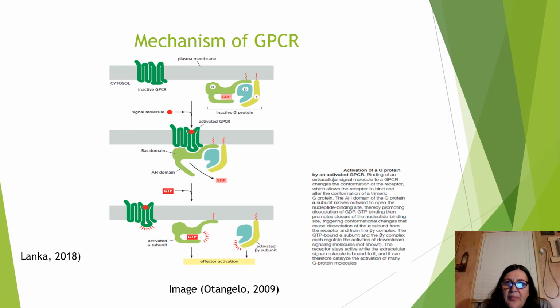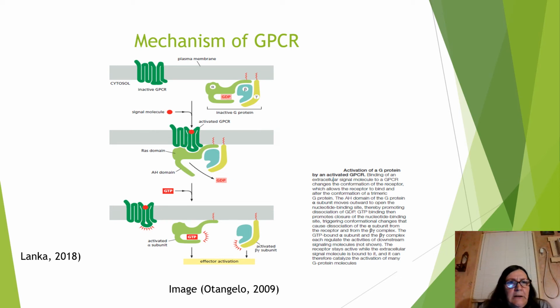Also, this little handle on the bottom side of the alpha subunit is called the alpha helical domain, the AH domain, and then this top part here is called a RAS domain. And then you also have a bound GDP molecule inside here. All of this is still in the inactive state.